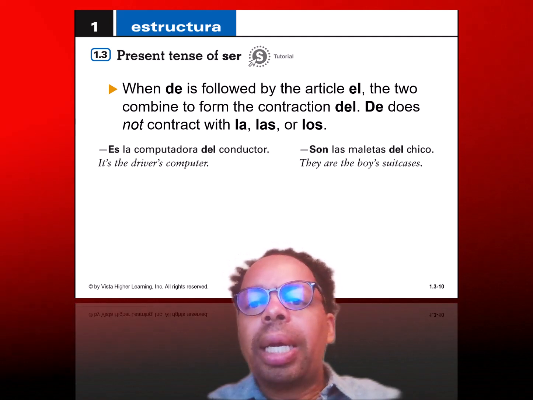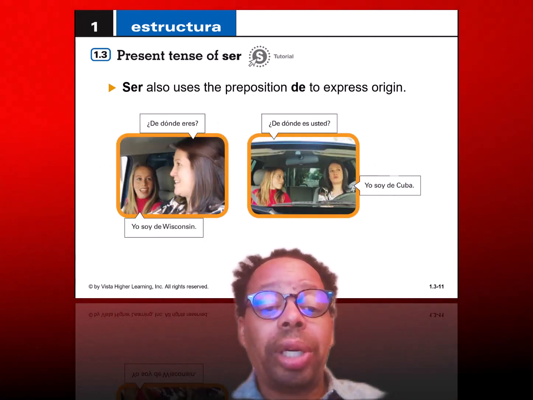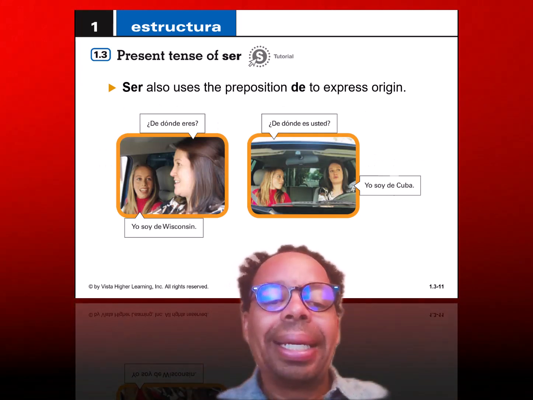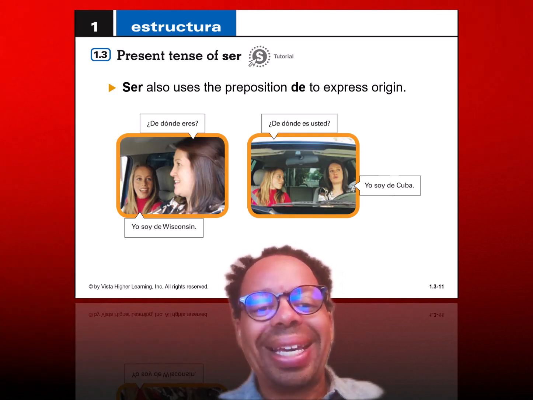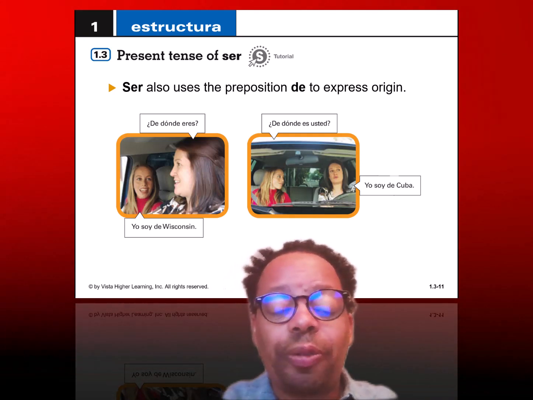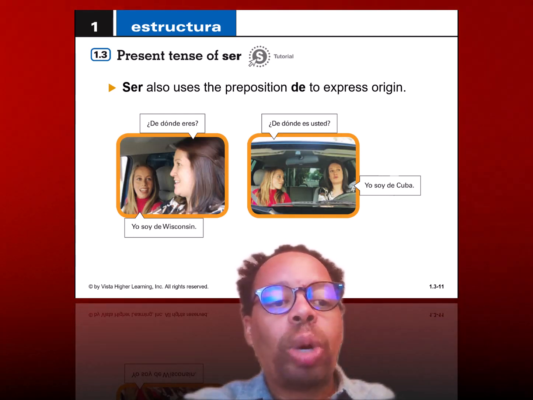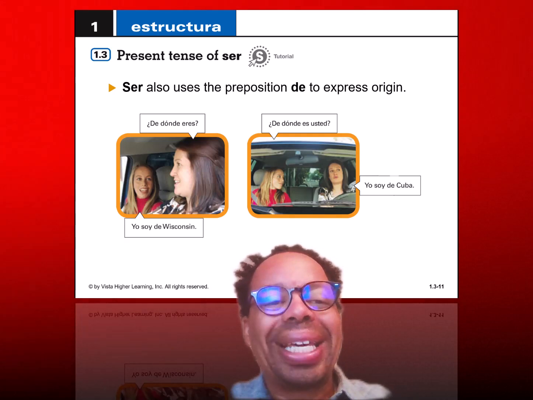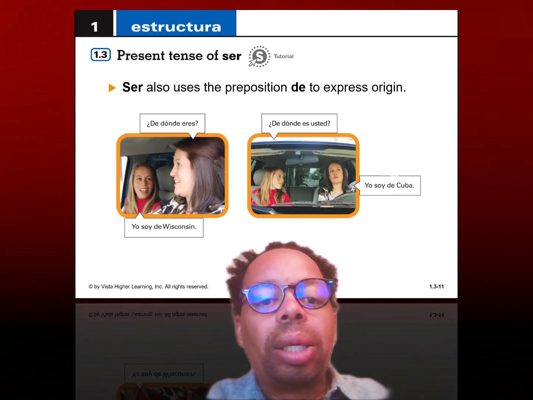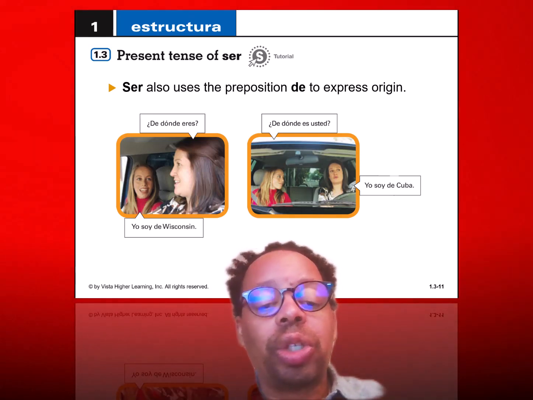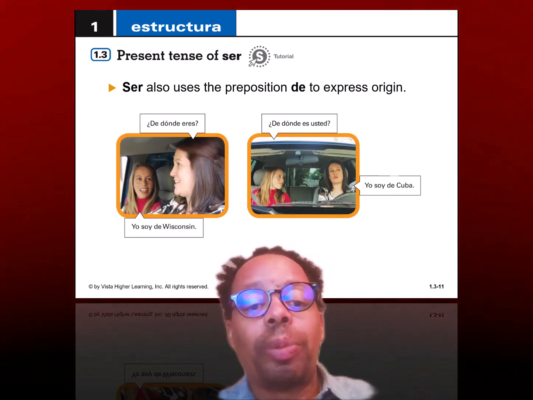A ver, the next one we're looking at is probably more familiar to you. You may have used this question or seen it in the dialogue situations where we're expressing origin. Again, we're using the preposition de for origin, so we use it not only for possession, but for origin as well. So with this question, ¿de dónde eres? Yo soy de Wisconsin. ¿De dónde es usted? She's using the formal form of that with usted, the formal form of the verb ser, es.